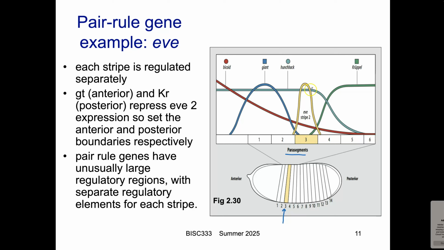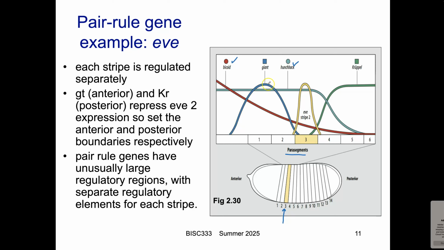And what we have is there is bicoid expression, which is the red line here. There's hunchback expression, which is the turquoisey line here. You've got giant up front here, and then you've got Krüppel approximately in the middle. And these gradations are their expression. So if you imagine bicoid and hunchback being the activators, they're going to activate Eve expression.